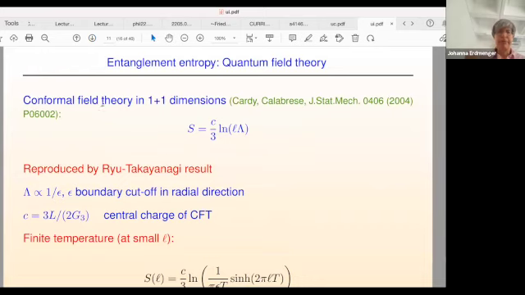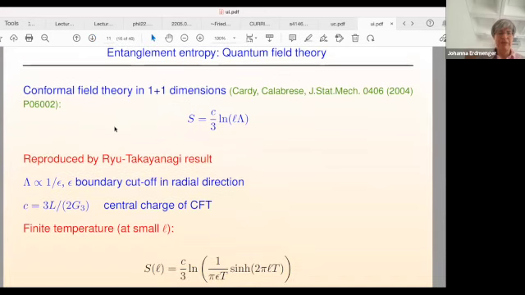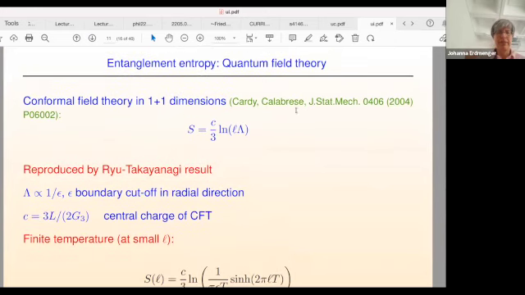A very good reason why this conjecture is true is that it works well, at least in a simple example of a conformal field theory in 1+1 dimensions, studied by the famous authors Calabrese and Cardy. They calculated this in this quantum field theory, and they found a particular result.